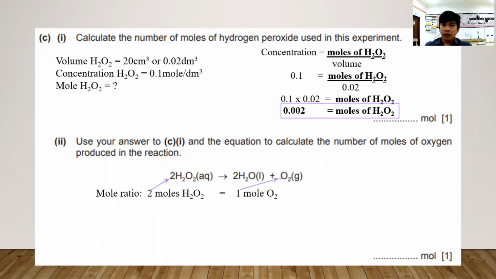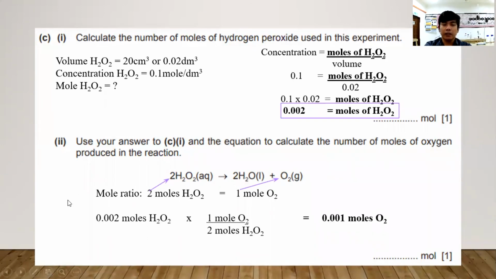Now, how do I know it's 1 mole? Correct, because there is nothing indicated in front of O2. To solve this, we just have to multiply by the mole ratio. So we have 0.002 moles of H2O2, then multiply with the mole ratio, 1 mole of O2 over 2 moles of H2O2. When you multiply that, you will get the answer, which is 0.001 moles of O2.